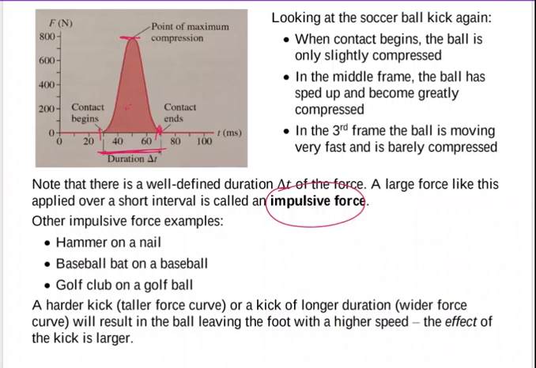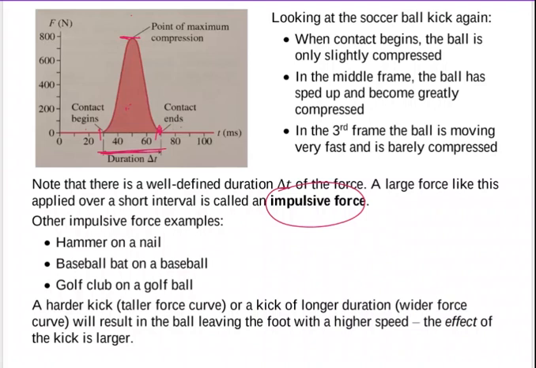The harder kick on the soccer ball would give us a taller force curve up here. The kick of longer duration, so maybe the ball was a little bit flatter, less air in the ball, would give us a wider curve. So maybe it would start over here and end over here, okay?